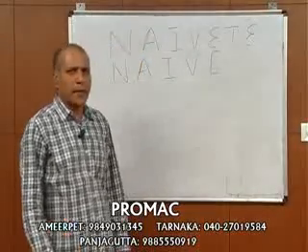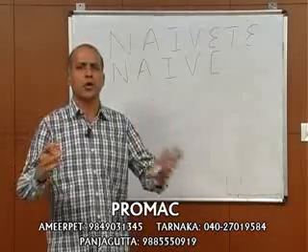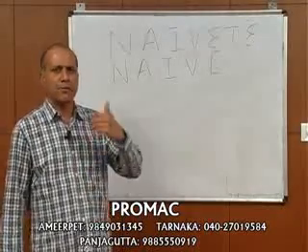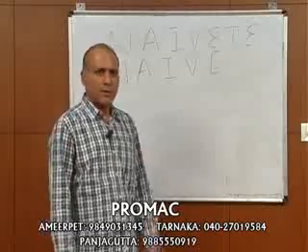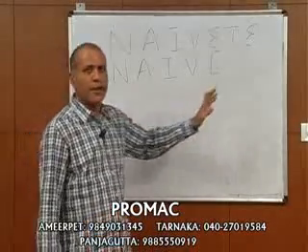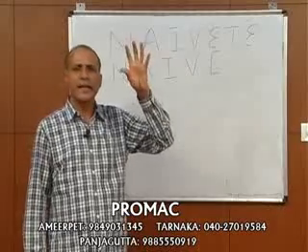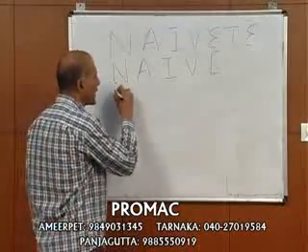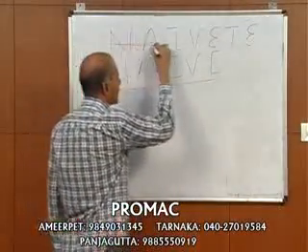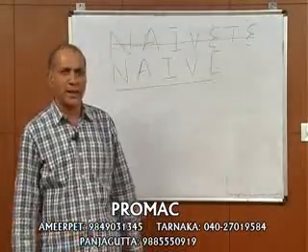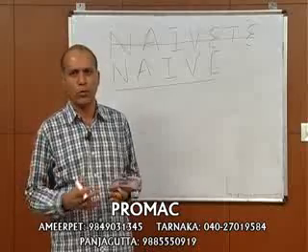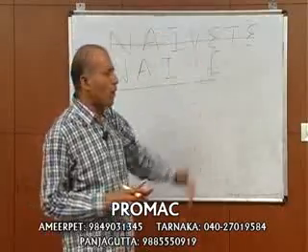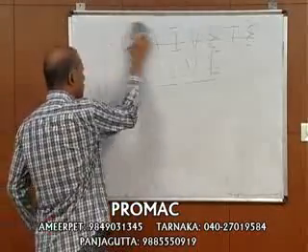When we want to say a person is very innocent, he is over innocent, he does not have the practical knowledge of life, then we say he is very naive, he is very easy to cheat, he is very easy to influence. So that's what is called naive.